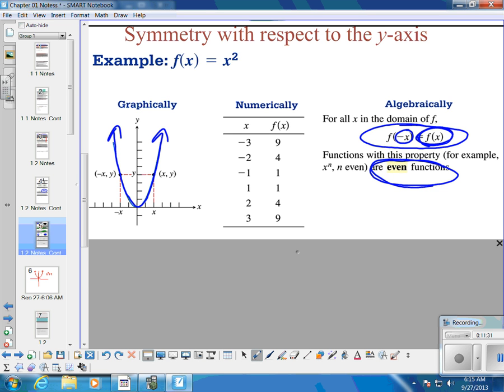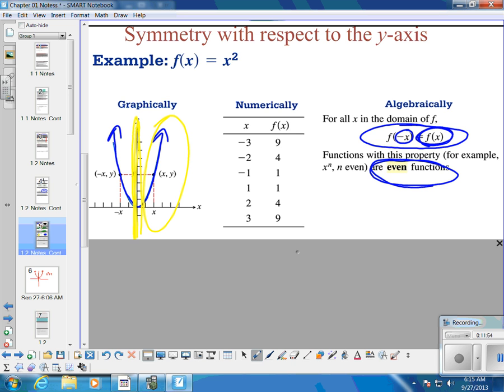What does that mean? It means if you take what's on one side of the y-axis and reflect it across the y-axis, you get the same thing on the other side. If you folded your paper on the y-axis, your graph would line up right on top of itself.